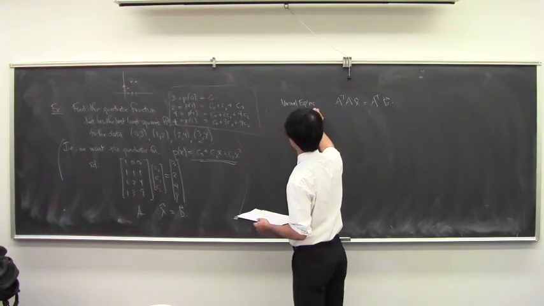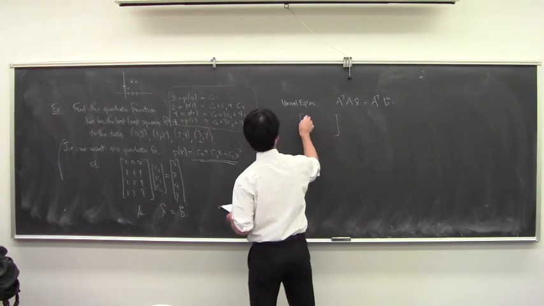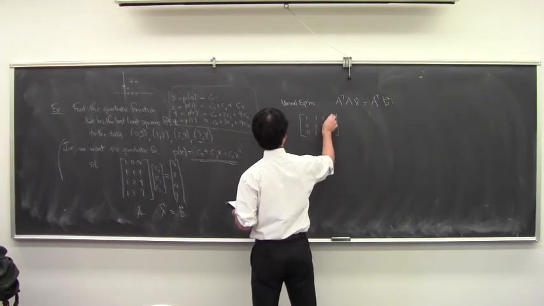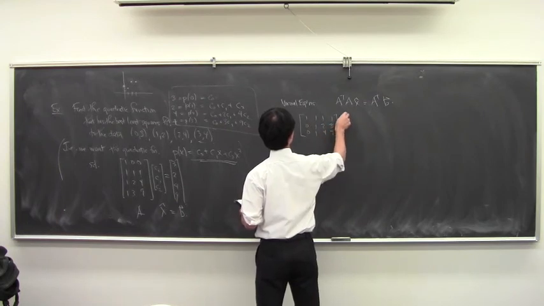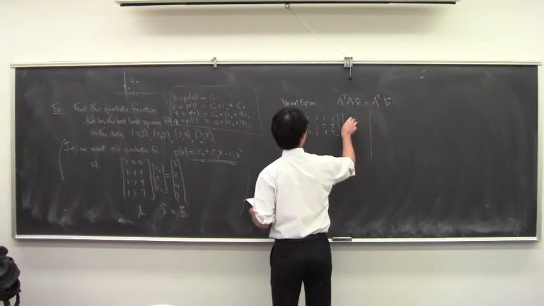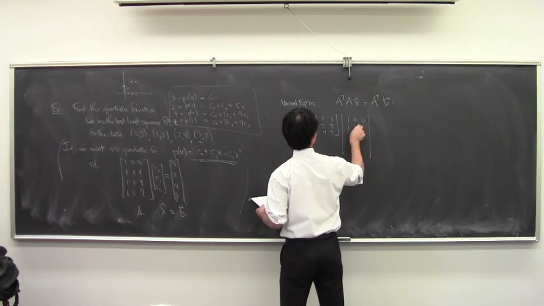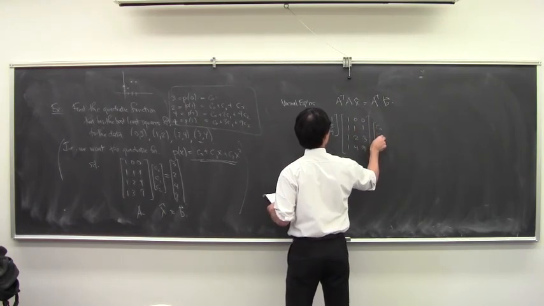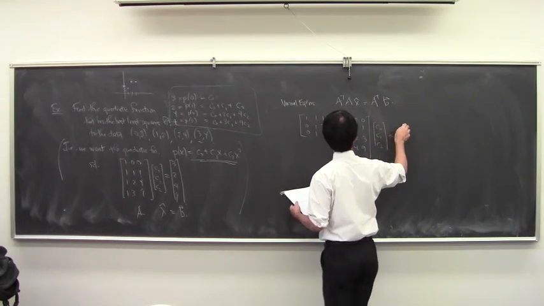You take your matrix and transpose it: 1 0 0, 1 1 1, 1 2 4, 1 3 9. Multiply it by A: 1 0 0, 1 1 1, 1 2 4, 1 3 9. Times (c naught, c1, c2) equals A transpose.